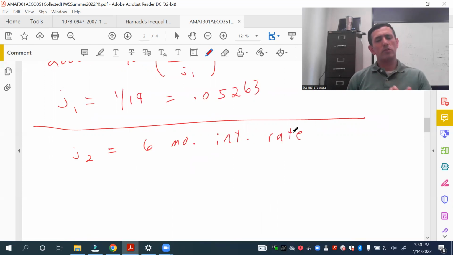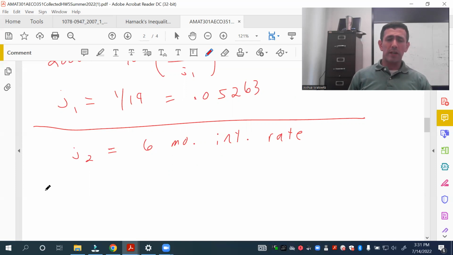And by that I mean the equivalent effective 6-month interest rate corresponding to the effective 2-year interest rate of 0.05263.